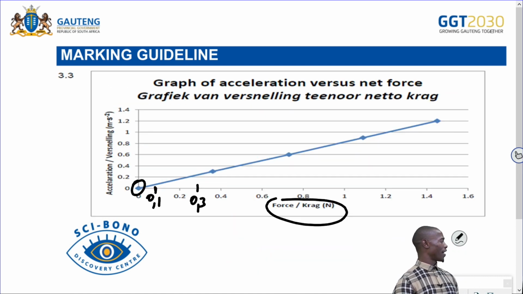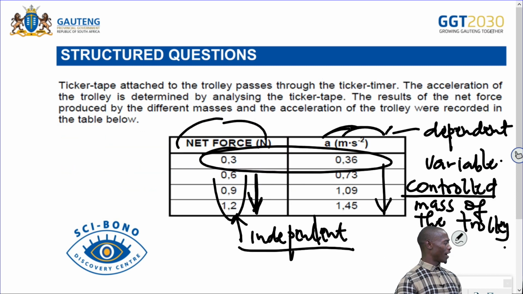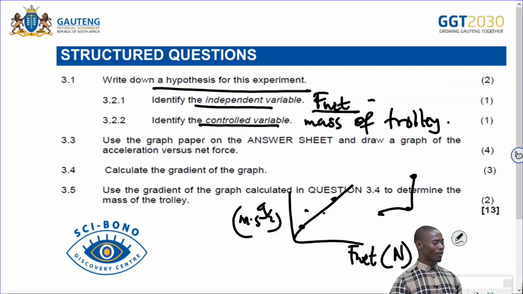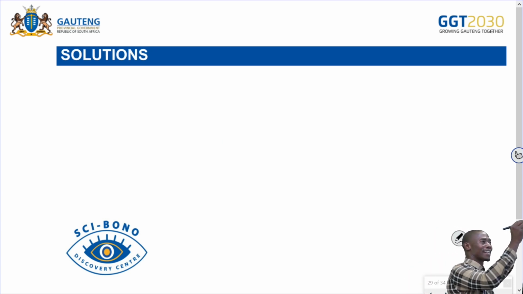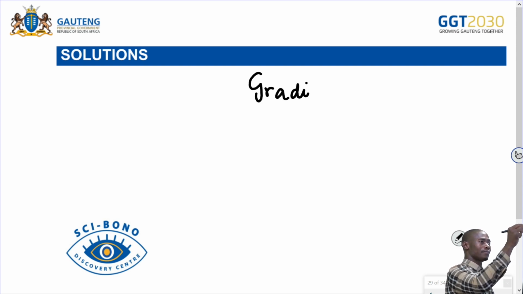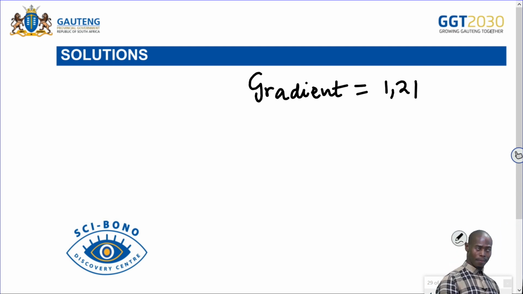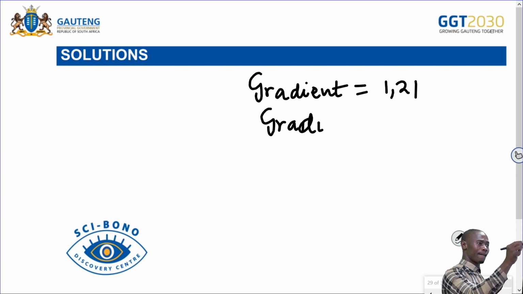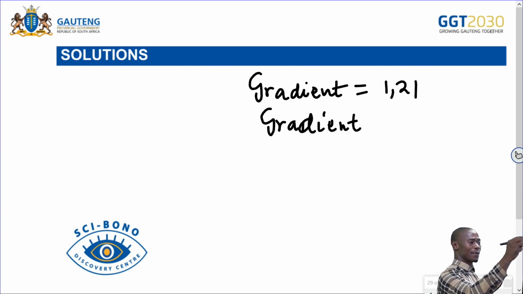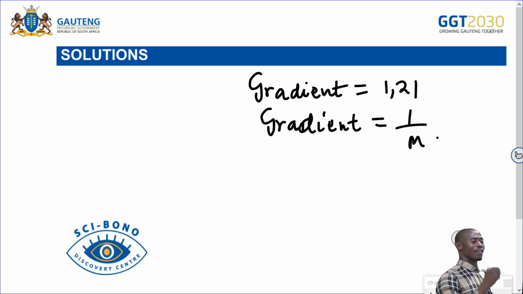Then let's check 3.5. What are they looking for? 3.5: use the gradient of the graph calculated in question 3.4 to determine the mass of the trolley. Already you know that the gradient represents the inverse of the mass of the trolley. The gradient is equal to 1.21, this is what we got. This gradient represents the inverse of the mass of the trolley.